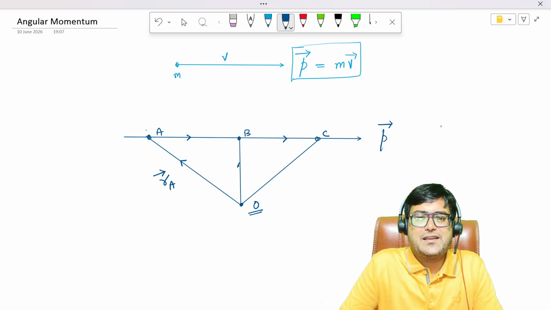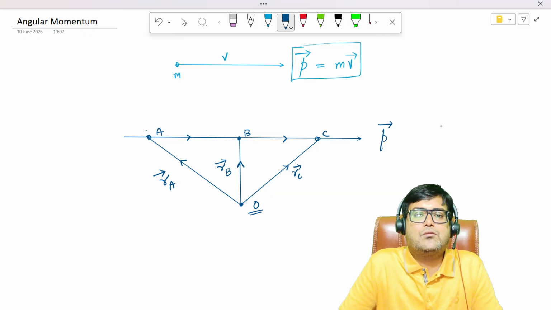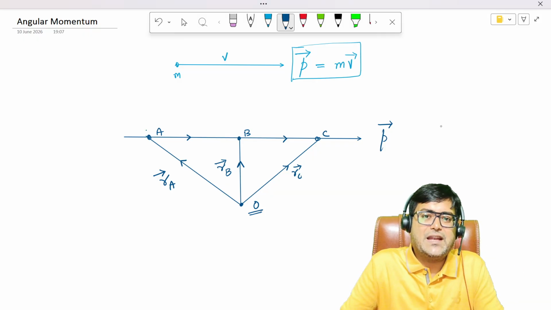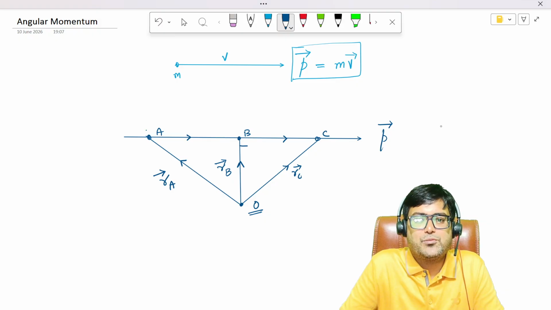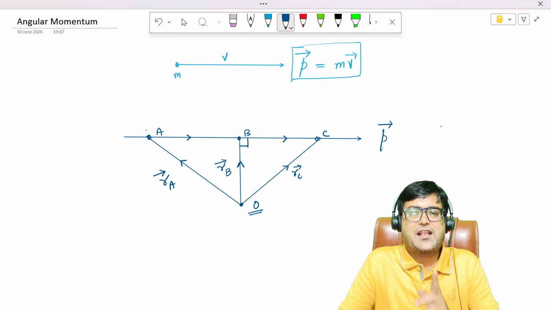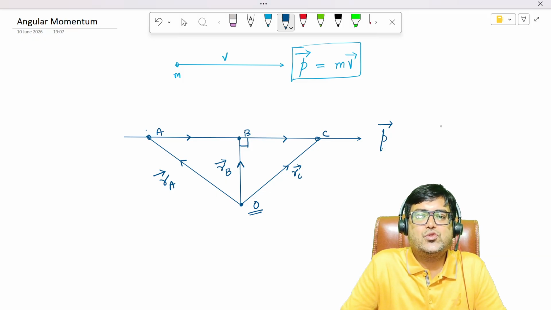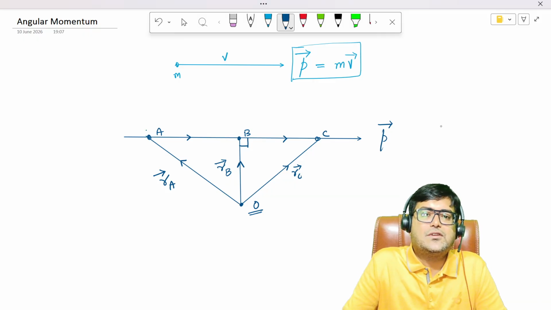In that way, this is going to be your RB, and this is going to be your RC. I'll explain it later, but let's simply assume that the vector RB is at 90 degrees to the momentum line.